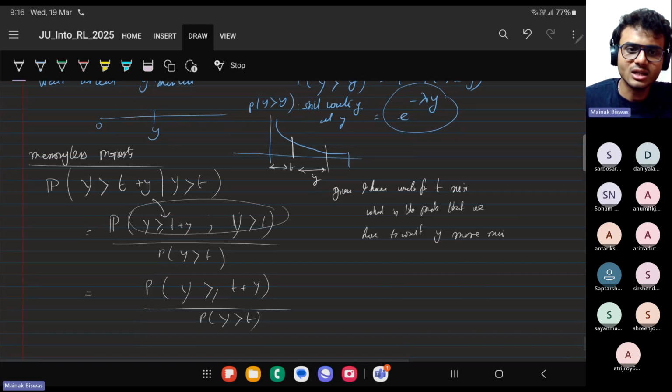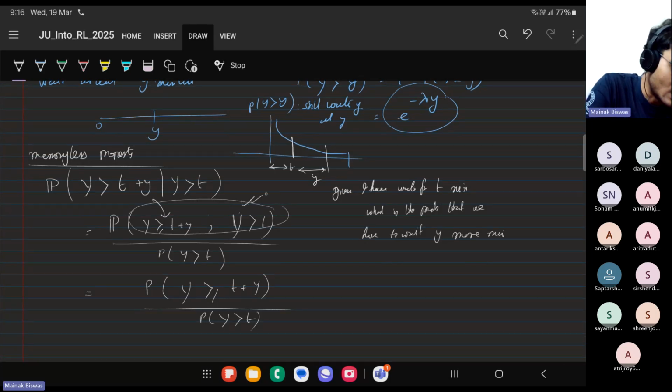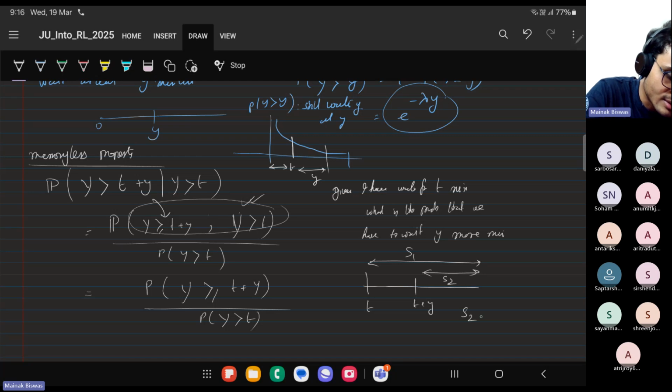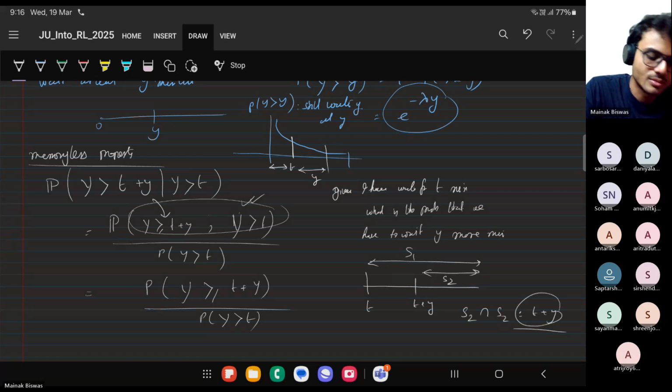What I'm trying to say is the numerator is an intersection of two sets: greater than t and greater than t plus y. So if I take the intersection of set 1 and set 2, what do I get? I get Y greater than t plus y, yes or no?